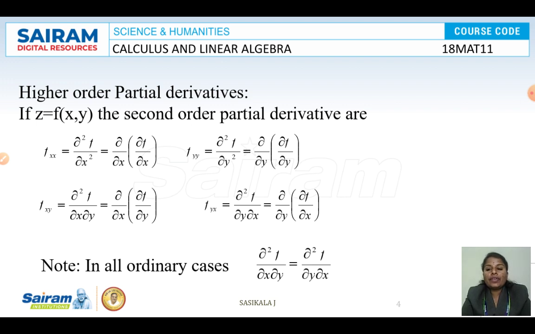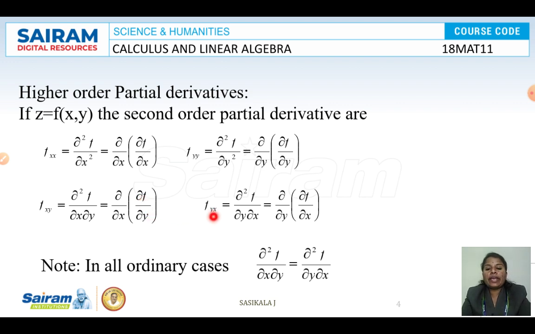If z is equal to f of x comma y, the second order partial derivatives are as follows. f xx is dou squared f by dou x squared, which is dou by dou x of dou f by dou x. f yy is dou squared f by dou y squared, which is dou by dou y of dou f by dou y. Then f xy is dou squared f by dou x dou y, which is dou by dou x of dou f by dou y.